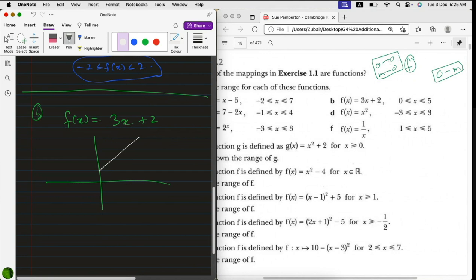So at x equals 0, this is 2, and at x equals 5, 5 times 3 is 15 and 2 is 17. This point is (5, 17). So for the given domain, 0 less than or equal to x less than or equal to 5, the range of the given function, the highest value is 17 and the lowest value is 2.